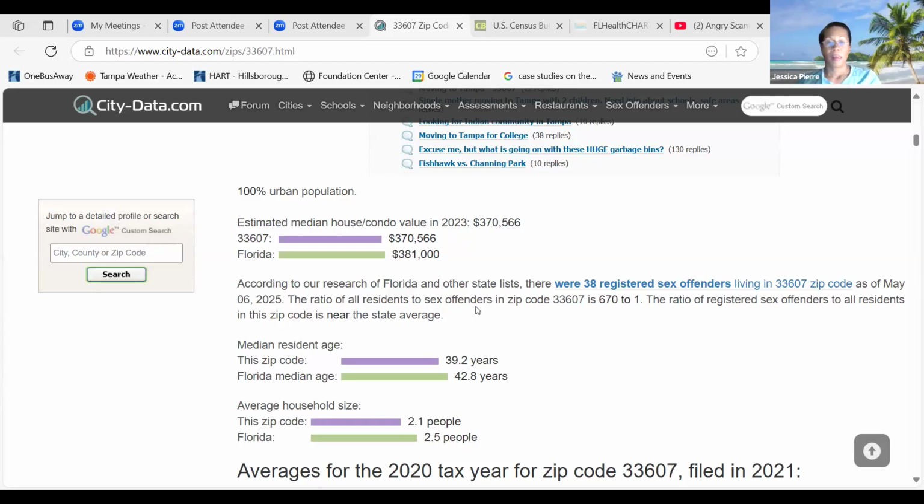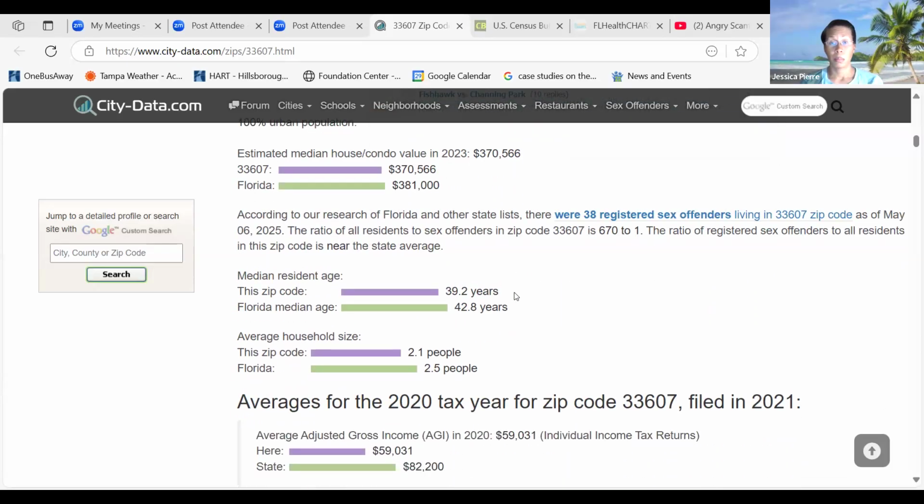Okay. So these are going to be the things you're going to watch for when you go to work in the neighborhood. What is that median income? Now, this is good because it's on par with the state of Florida. Okay, now wait till you go into zip code 33619. These numbers are going to be totally different.